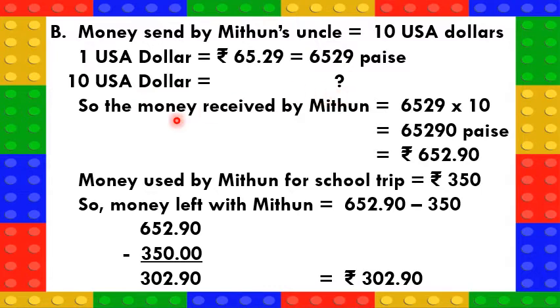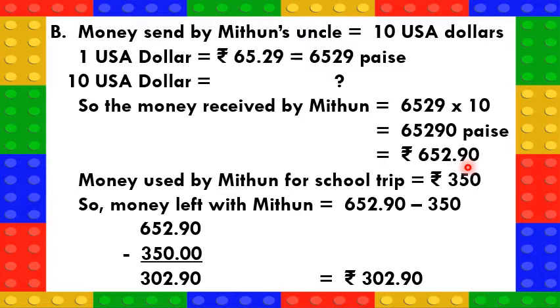The money received by Mithun is 6,529 multiplied by 10. That is 65,290 paise. Now converting this into rupees, we get rupees 652.90.